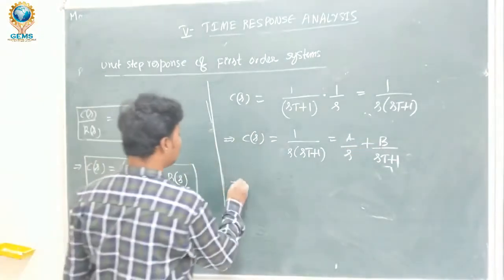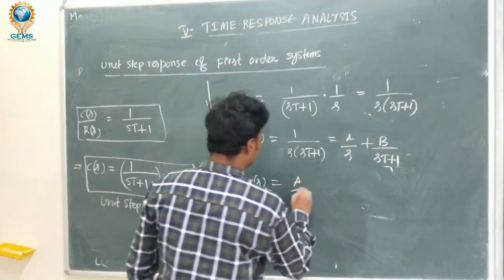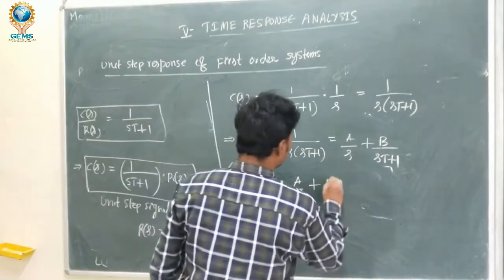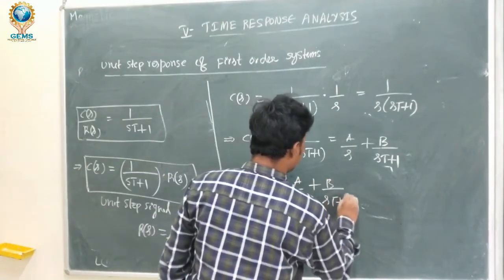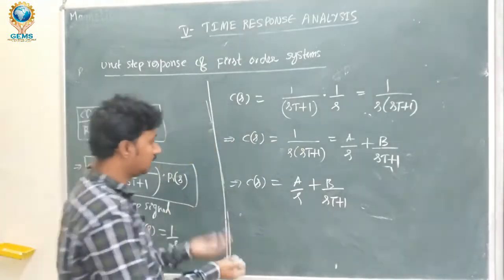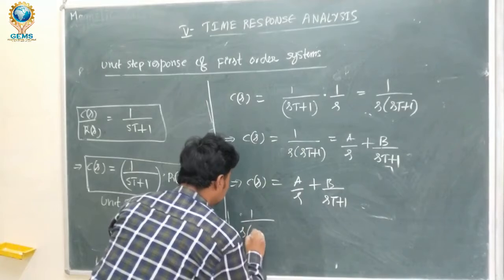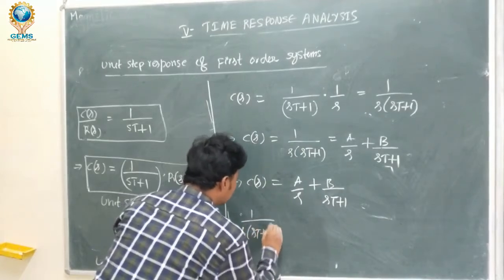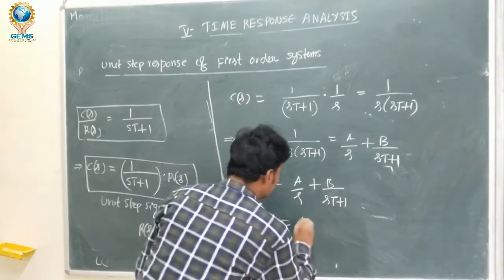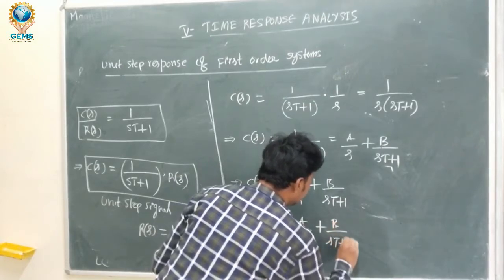To find the A, B values, how to find the A, B values? Just you take LCM. So 1 by S(ST plus 1) equals A by S plus B by ST plus 1.